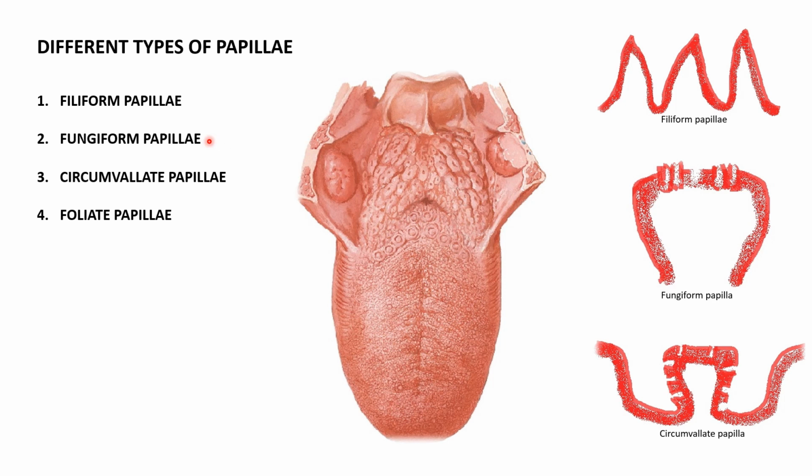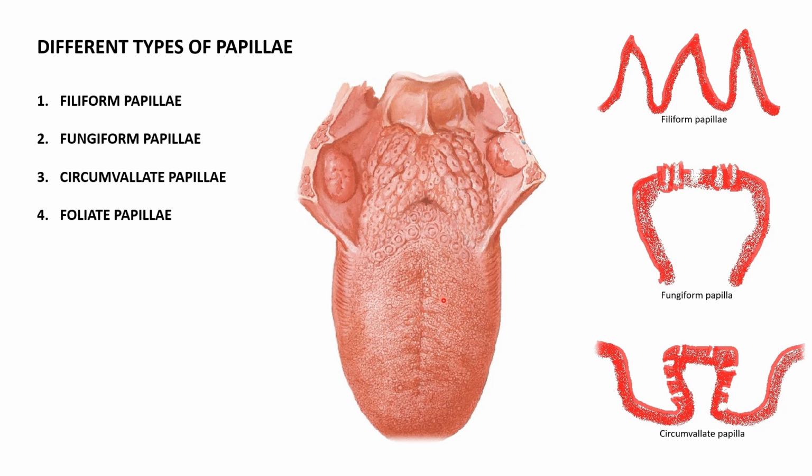There are four types of papillae on the dorsal surface: filiform papillae, fungiform papillae, circumvallate papillae and foliate papillae. Filiform papillae are the smallest papillae but most numerous in number. Remember, these papillae are conical in appearance and scattered everywhere on the dorsal surface.